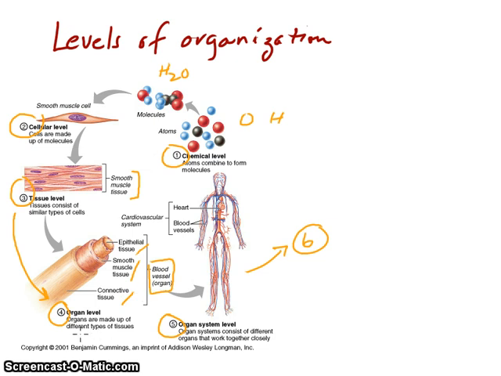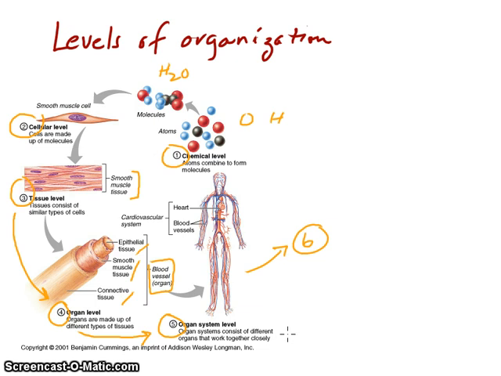As we move on to the next level, from the organs, we create organ systems. The organ systems consist of different organs that work closely together to accomplish a particular purpose. In this case, as you can see, we're dealing with the circulatory system or the cardiovascular system. Not only do we have blood vessels, as the one shown in this picture on number 4, but we also have the heart.